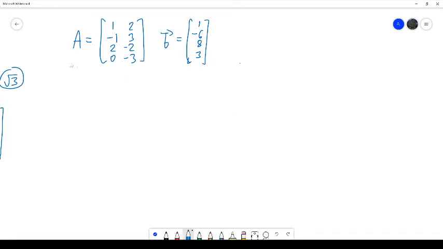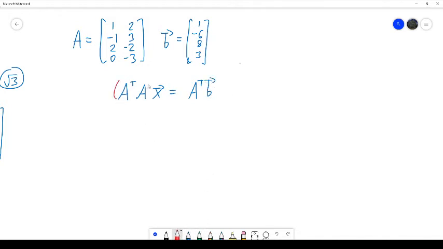Okay, so for the least squares problems, we have this set of normal equations, which is mainly what we're going to use for this, which says A transpose A times X equals A transpose B. We can kind of think of these as grouped together.